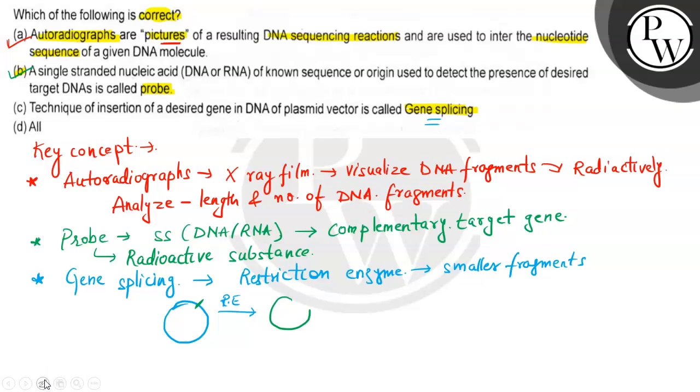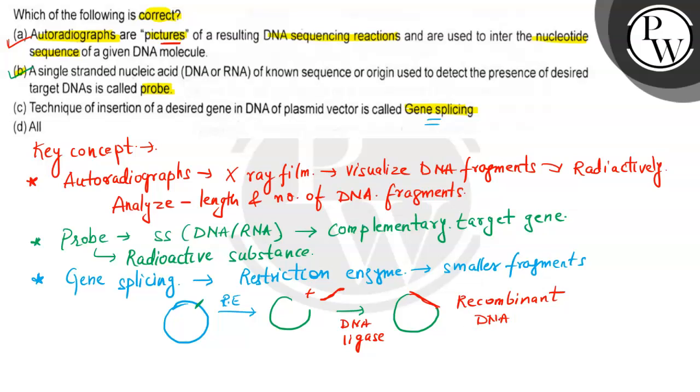Now we can add a gene of interest to this blunted form of the DNA, and these two are further bound to each other. We can bind them again with the help of an enzyme known as DNA ligase. With the help of the enzyme DNA ligase, we get the recombinant DNA, and this recombinant DNA will have the desired properties that we want.